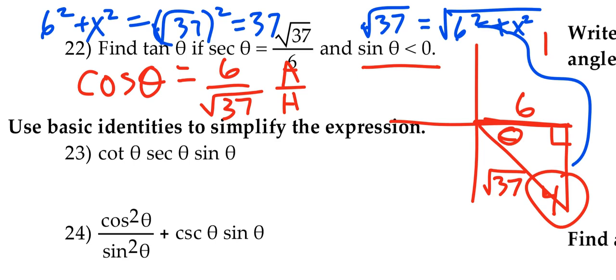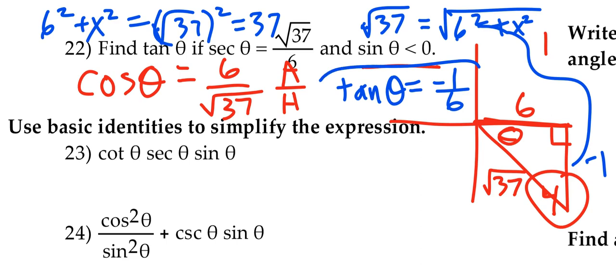It can't be radical 31. Isn't it just 1? Now, I need to know if it's positive or negative before you leave. It's negative. Thank you. And so my tangent of theta will be -1 over 6, opposite over adjacent.